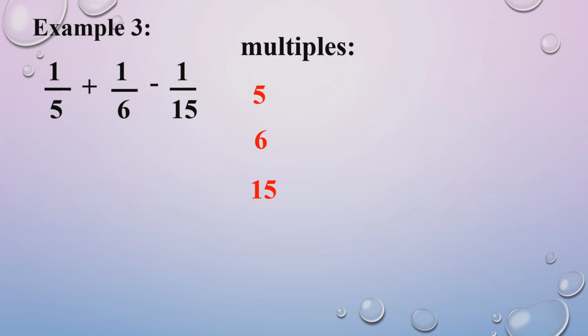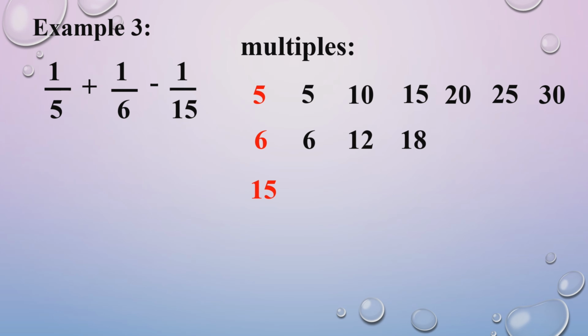For 5, the multiples are 5, 10, 15, 20, 25, 30. 6, the multiples are 6, 12, 18, 24, 30. For 15, we have 15, 30, 45, 60, and 75.